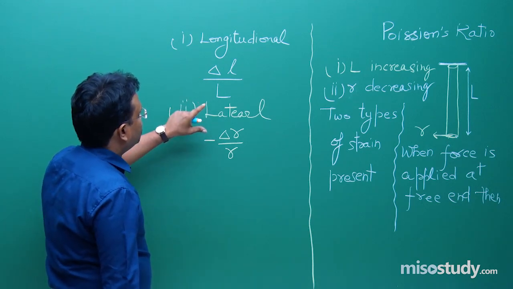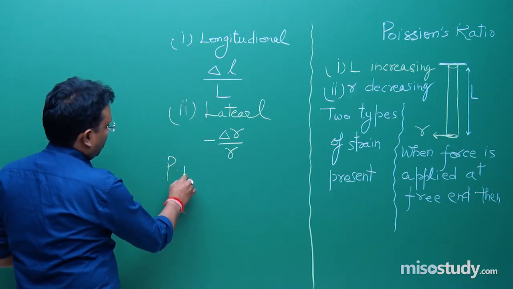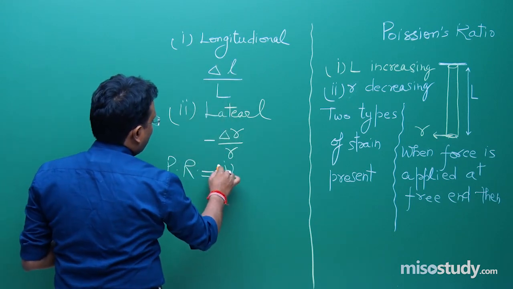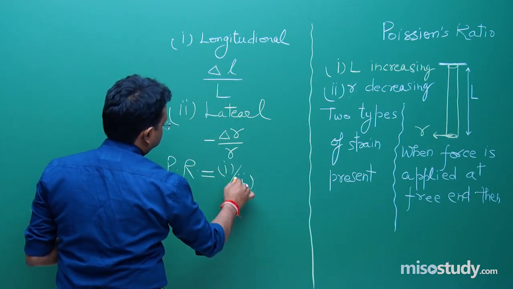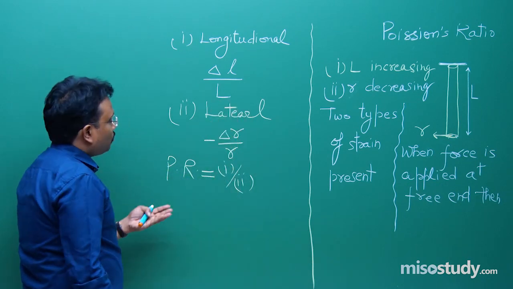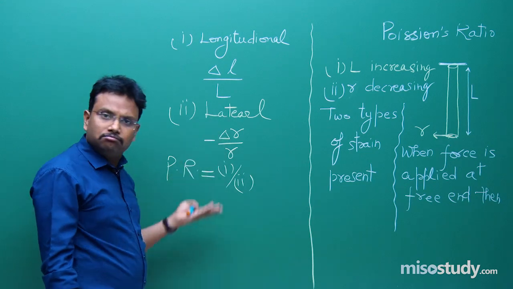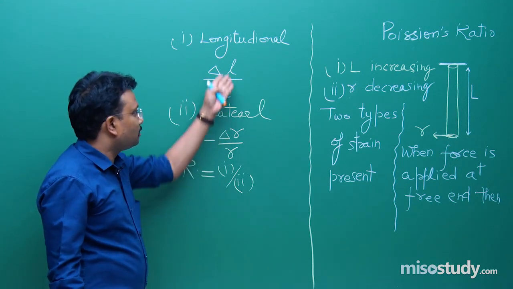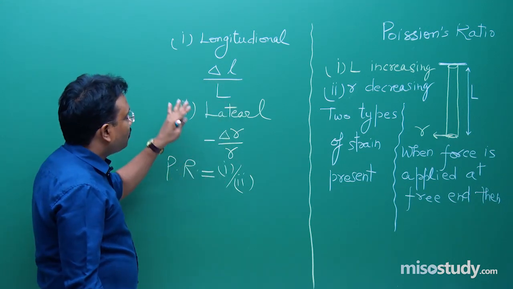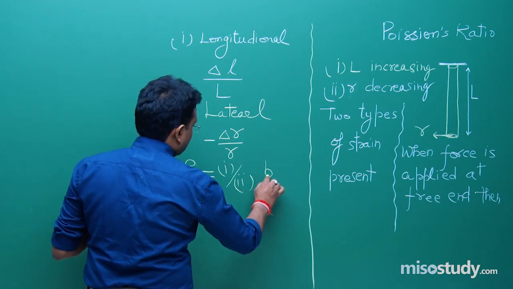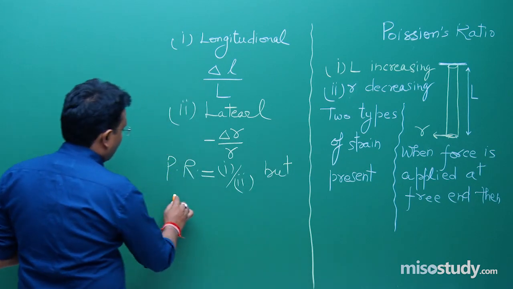Now Poisson's ratio is the ratio of lateral strain to longitudinal strain. It is dimensionless, so I can say Poisson's ratio is nothing but a number.